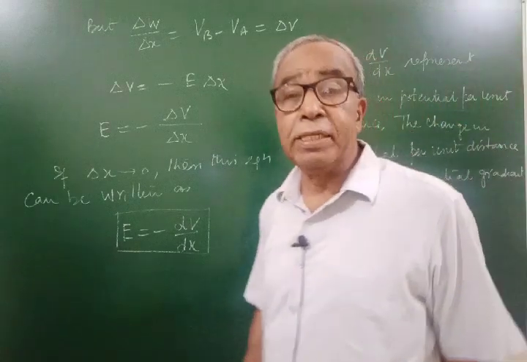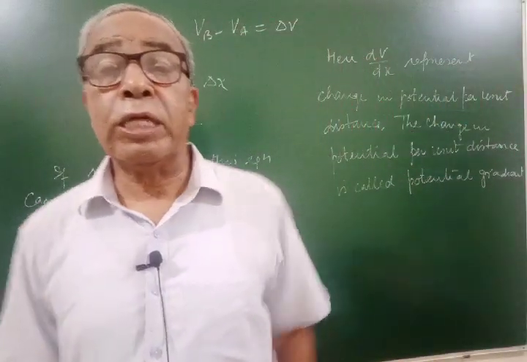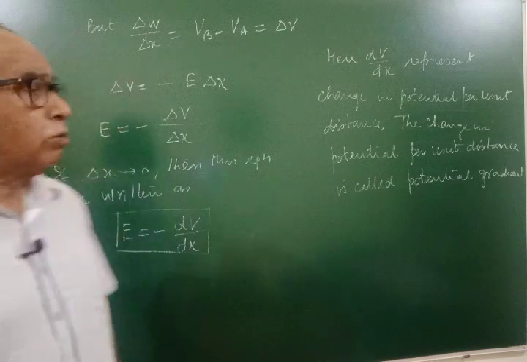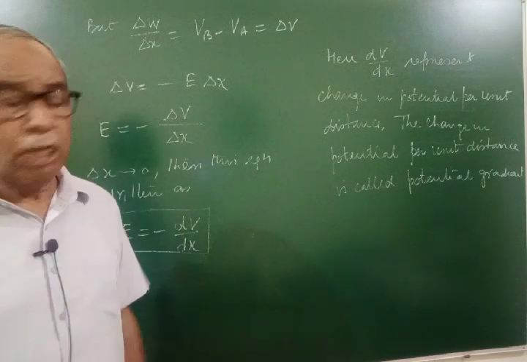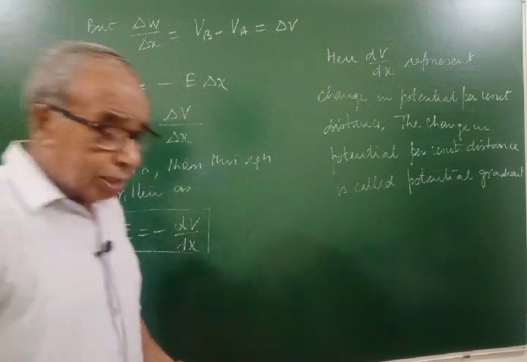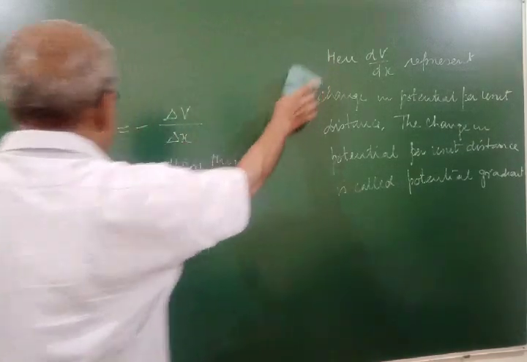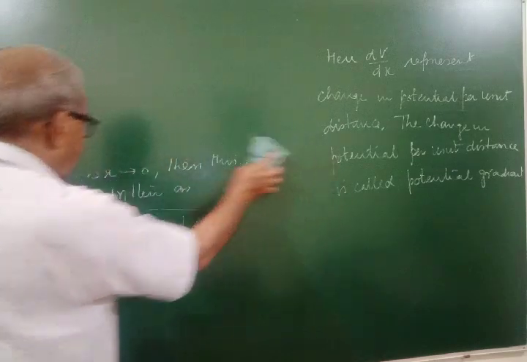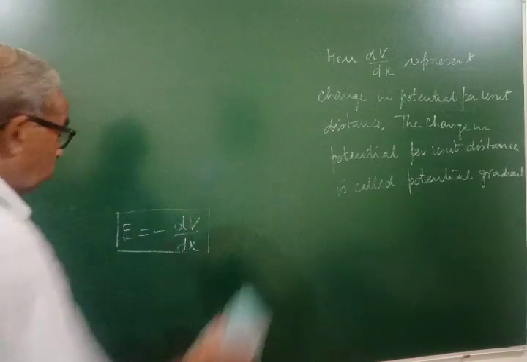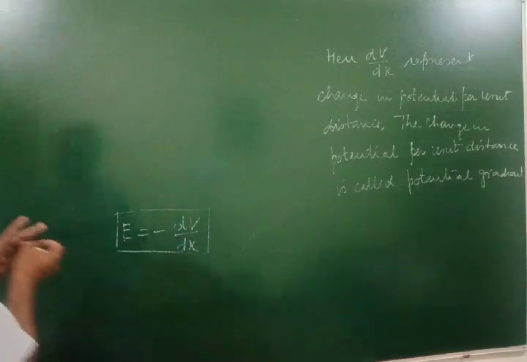What is potential gradient? Change in potential per unit length. In books it is written as rate of change of potential with distance, which is confusing language. Change in potential per unit distance is called potential gradient.